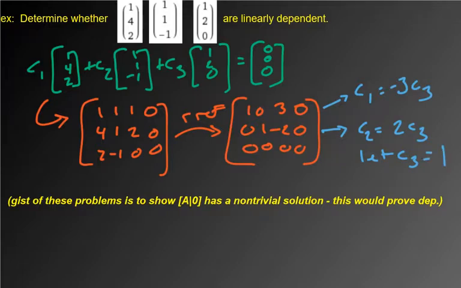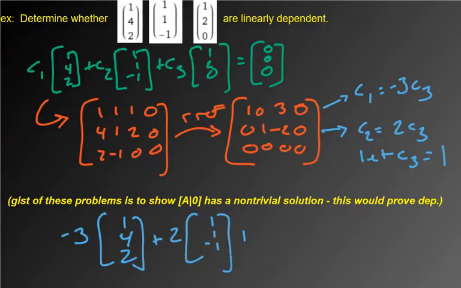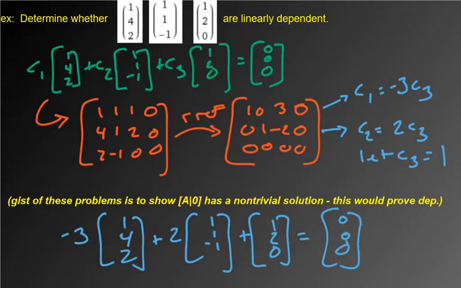You could pick 1 for convenience's sake. Then C1 needs to be negative 3 times C3. So you could take negative 3 of 1, 4, 2, and if you add that to 2 of 1, 1, negative 1, and then add that to 1 of 1, 2, 0, then that should be the 0 vector. Let's just check the top row. Negative 3, plus 2 is negative 1, and then plus 1 is 0, right? And you can go through and check all the others if you want.